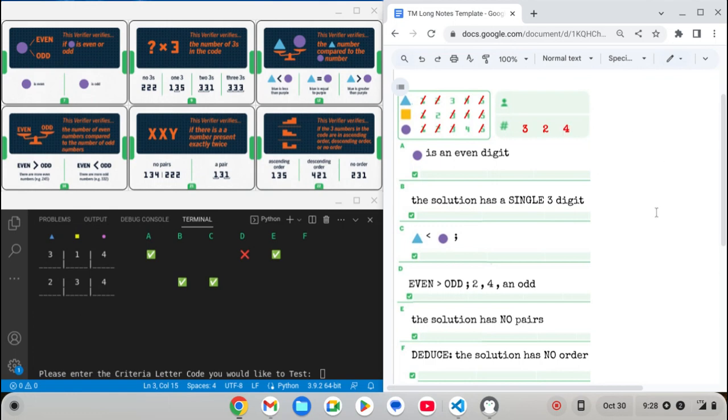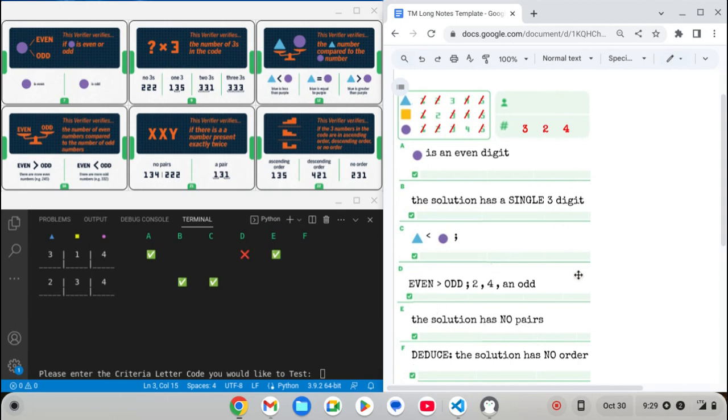Okay. And so basically, is our last digit even? It is. It's 4. The solution has a single 3. Sure does. Is it true that the first digit is smaller than the last digit? Yeah, 3 is smaller than 4. That's correct. There are more evens, and there are no pairs.